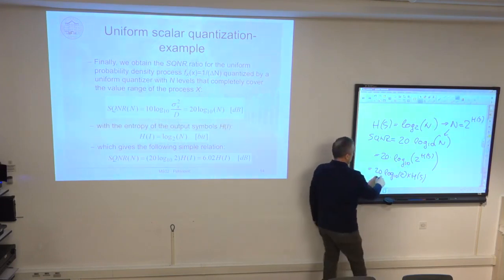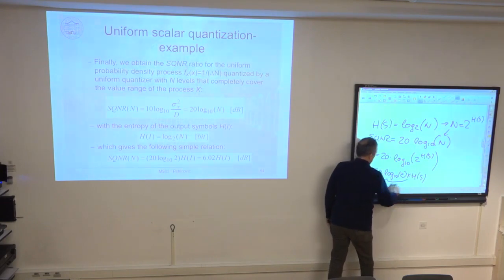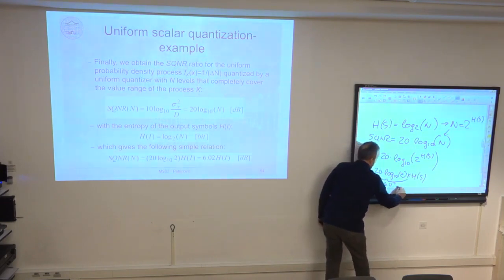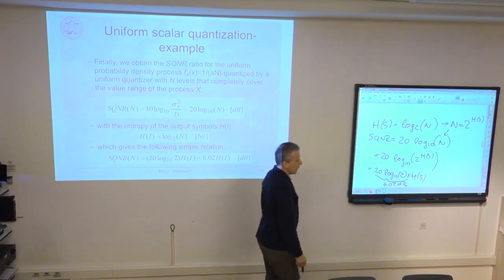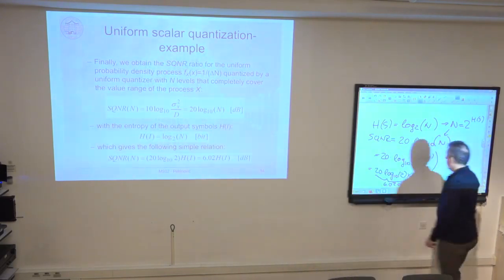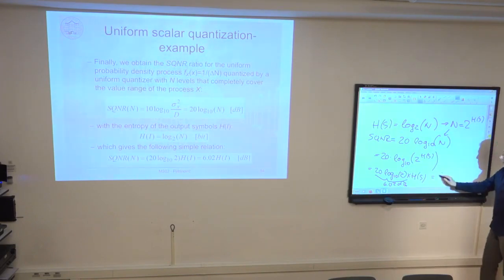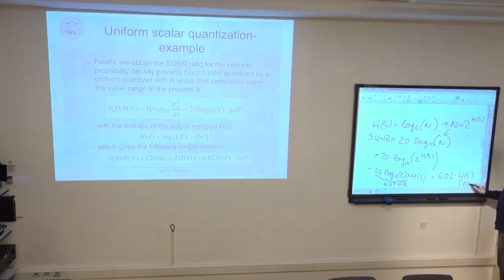And we know that this part here is this 6.02 decibels. So we get that this SQNR in our case is simply 6.02 times entropy, expressed in decibels.